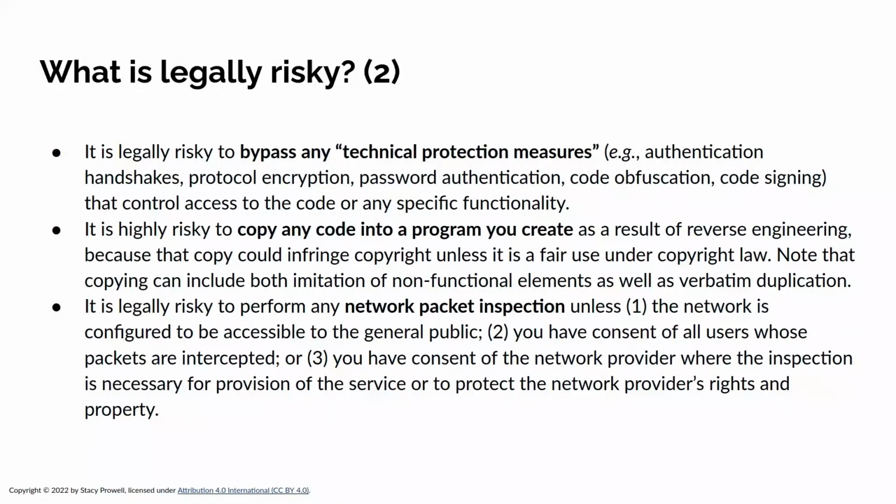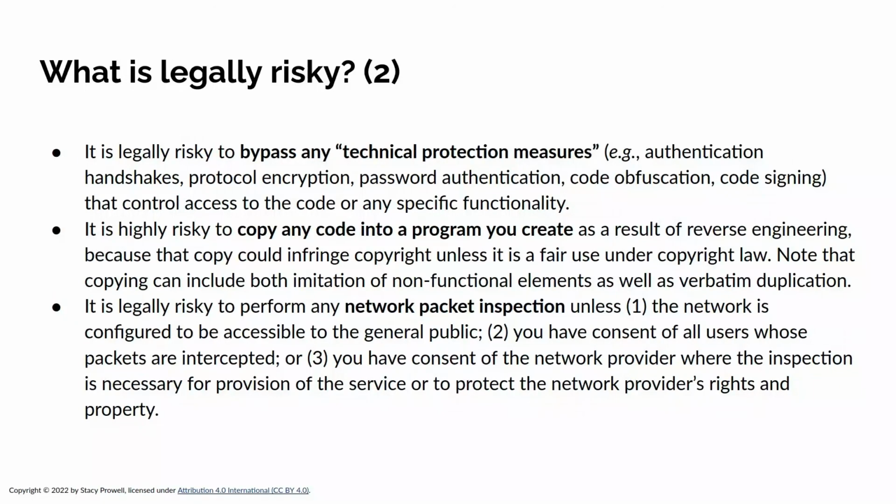It's legally risky to bypass a technical protection measure, right? That would be something like figuring out how to bypass access controls in the operating system on a phone, like rooting a phone. It can also be risky to copy code you find through the process of reverse engineering into your own code, right?